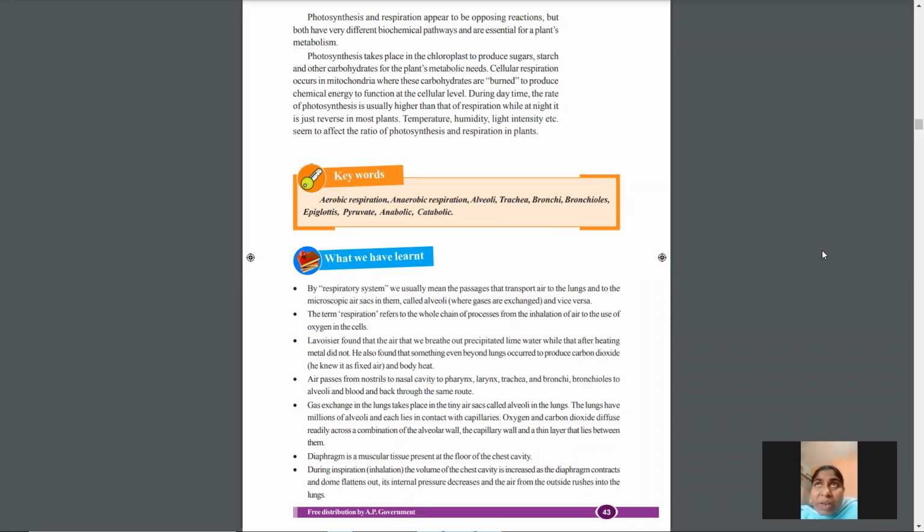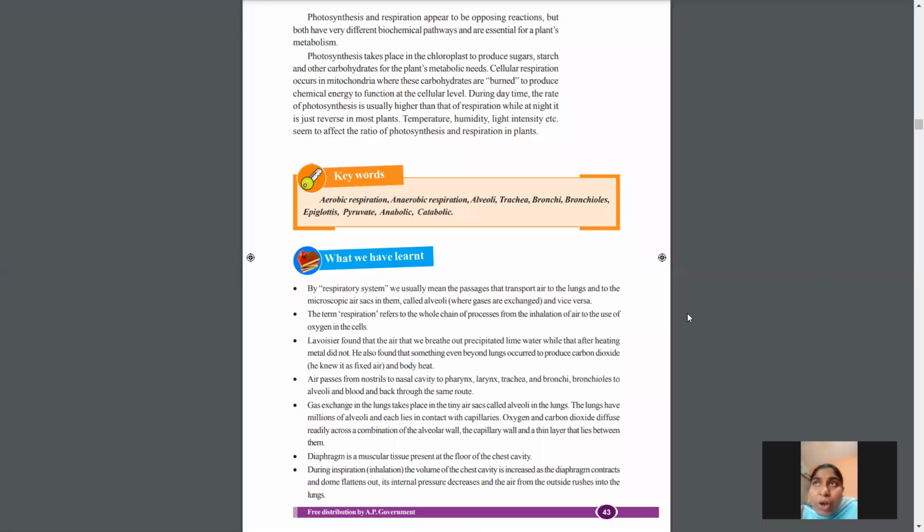Temperature, light intensity. Availability of light is the prime requisite for the light reaction to take place in photosynthesis. At the same time, temperature, humidity, the amount of water content, all these will affect the ratio of photosynthesis and respiration in plants.